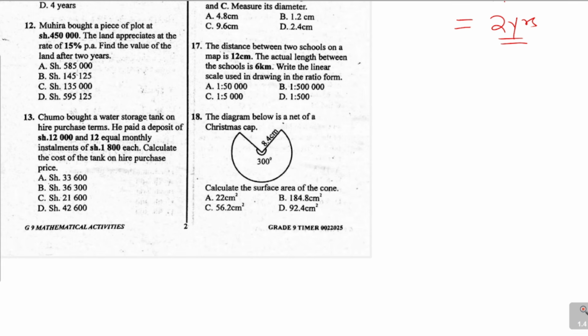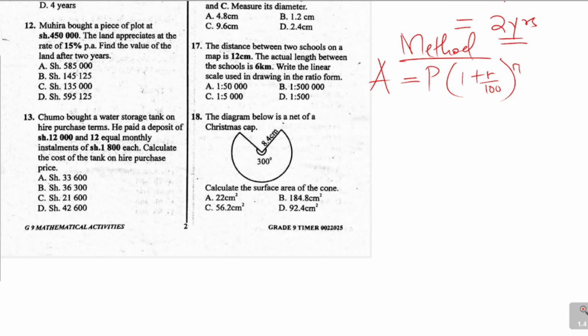So this is appreciation. For appreciation, you have two methods that you can use. So method one is where you use the appreciation formula. The appreciation formula is given by: amount at the end will be given by the initial amount, then 1 plus the rate of appreciation, then raised to power n.